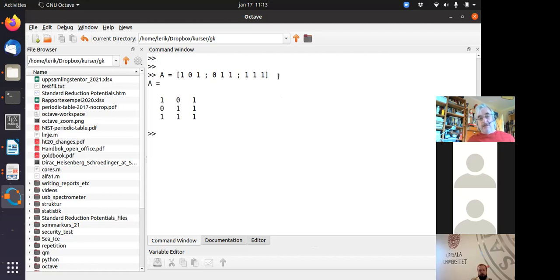So then we get, this is in a way a rotation matrix, a strange rotation matrix. We can see, can we invert it? Some matrices are not possible to invert.